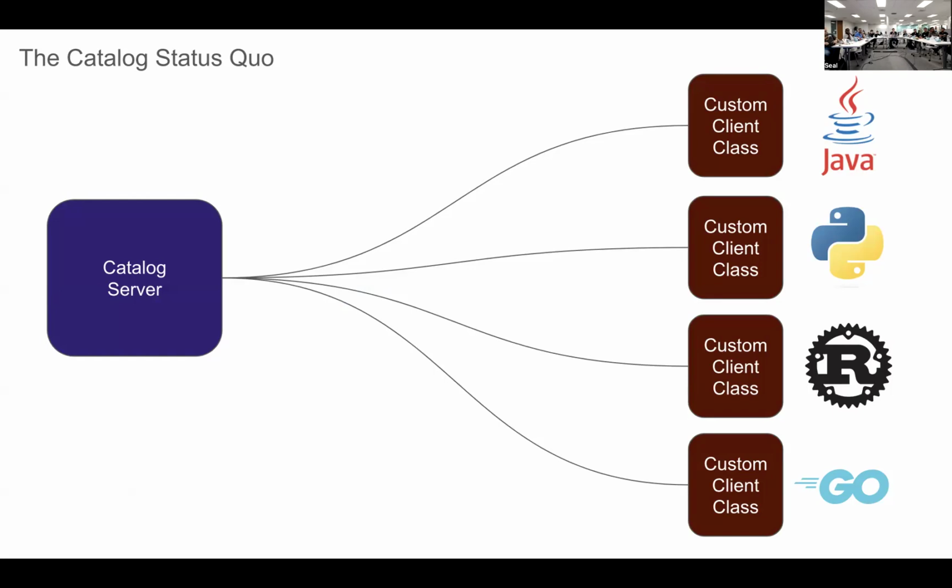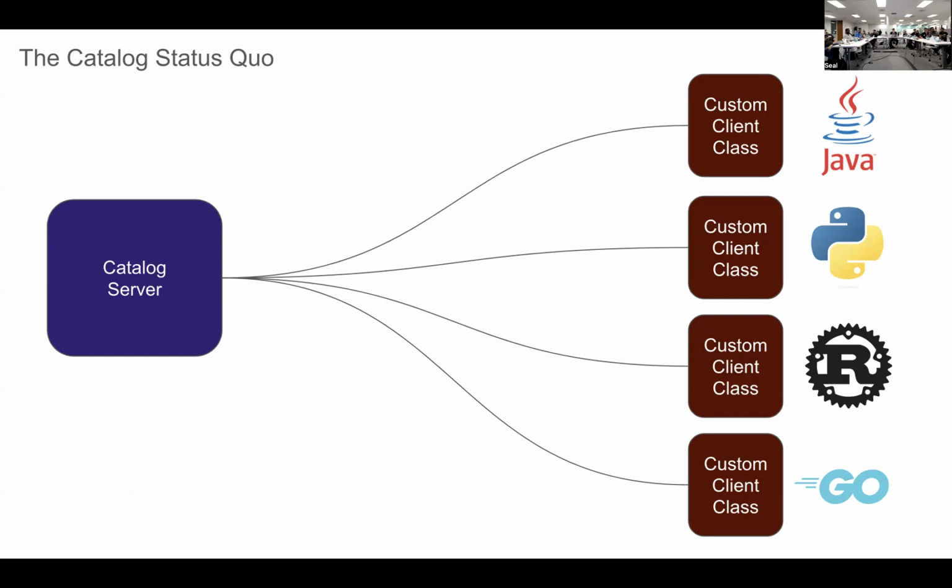If you had a tool written in Java or any kind of JVM language, you could use the Iceberg libraries. So the idea was, if you have your own catalog that you want to use, you just write a Java class for that catalog. So that works. You'd have a library for Hive, a library for Glue. You create all the different classes you need for using those catalogs.